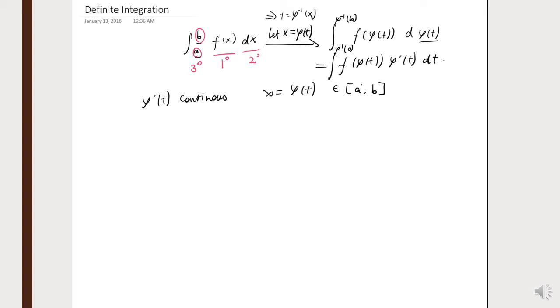Okay, we need an example to show how we can use the substitution method to find the definite integral, a number. Yes, a number. Okay, let's look at this. We have the integration range from 1 to 4, meaning x is from 1 to 4, and the integrand is 1 over 1 plus square root of x.